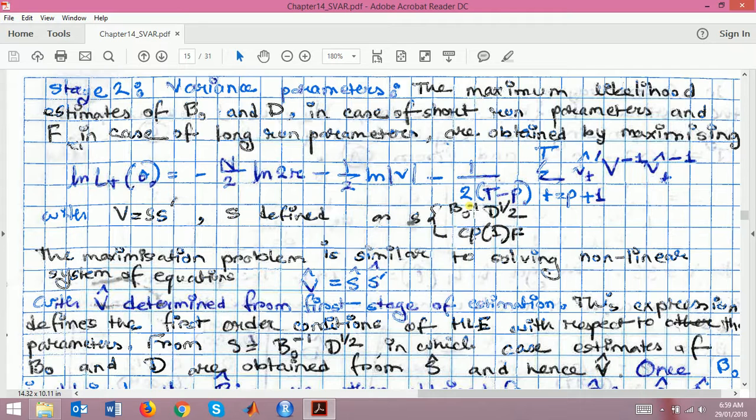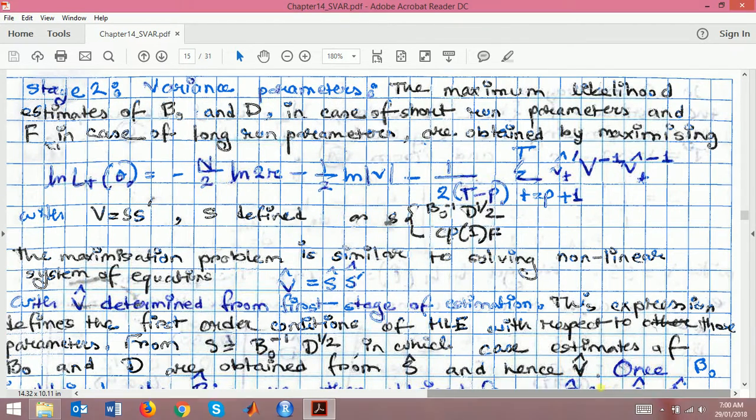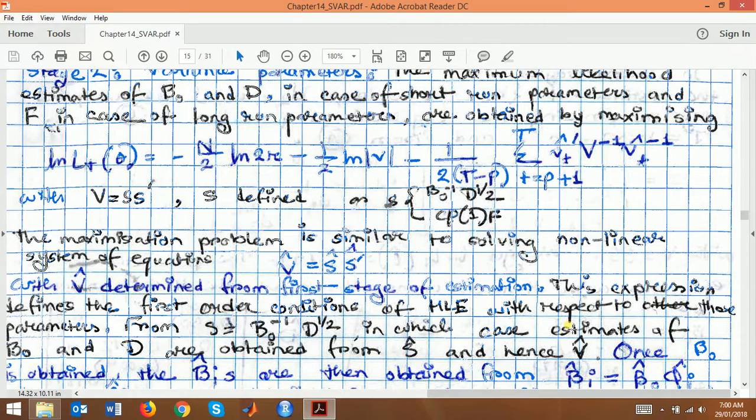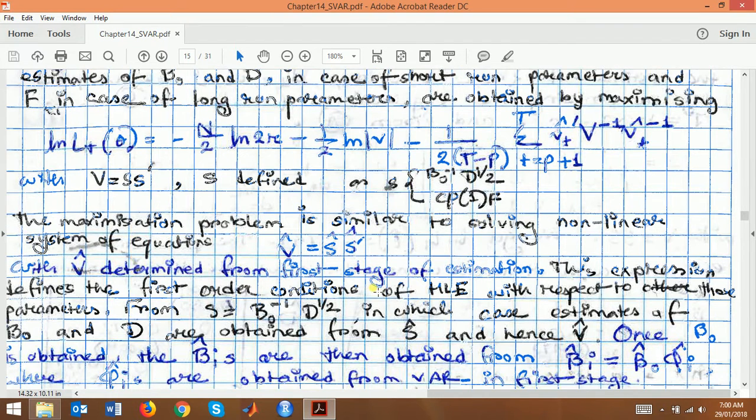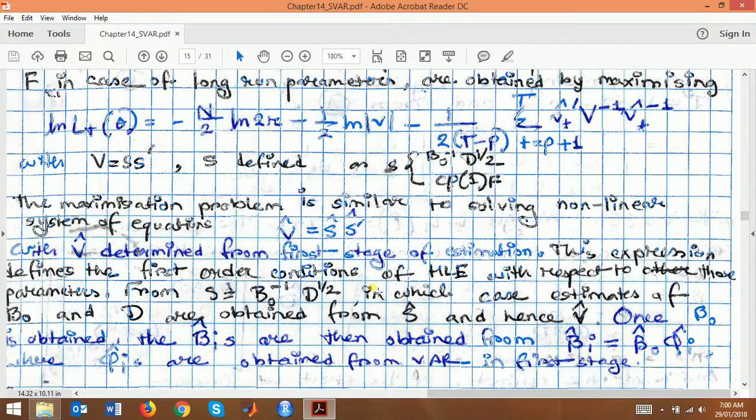This expression defines the first order conditions of maximum likelihood estimation with respect to those parameters. From s, which is root over d by beta naught, estimates of beta naught and d are obtained from estimated s, and hence estimated v indeed.